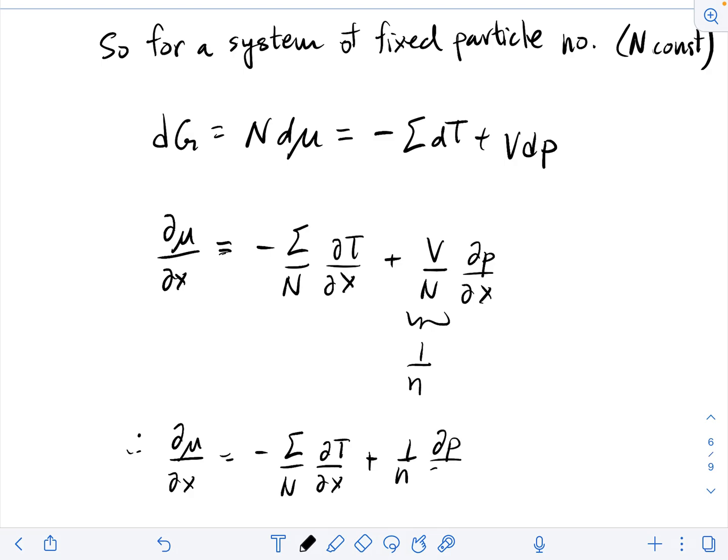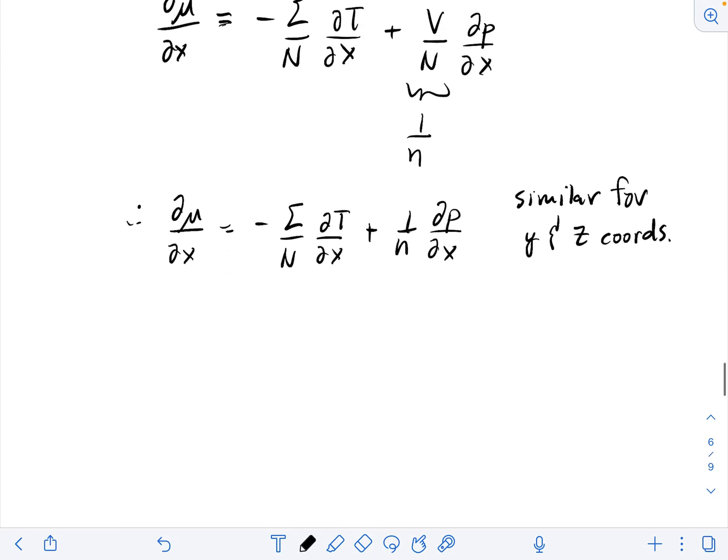We could do something similar for the y and z coordinates. If we did that, we'd have expressions for d mu dx, d mu dy, d mu dz that would all be of this form.